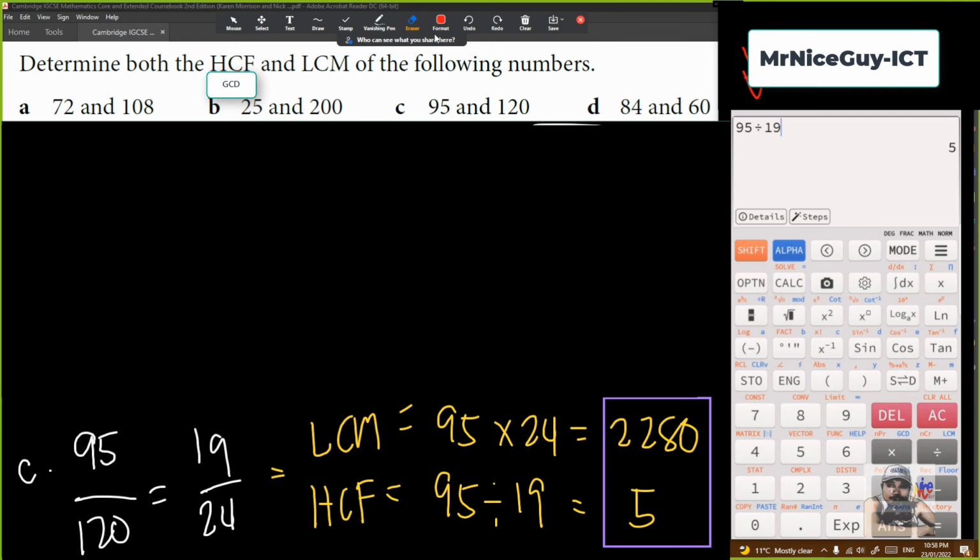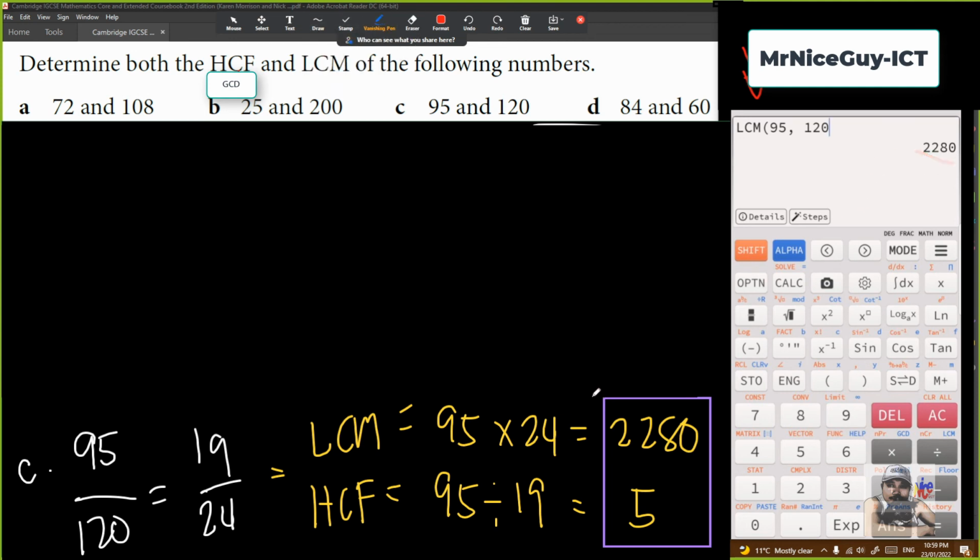Focus your attention on the right side, where I will use the LCM function first. Here I will type the LCM function and input the two values we have, which are 95, and put a comma to separate the values, and 120. Close it, and you can see the answer the calculator gave is 2280.